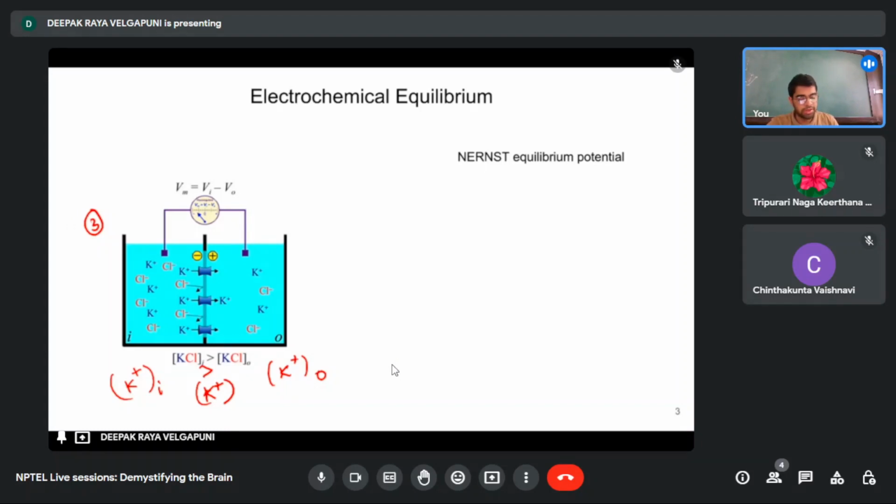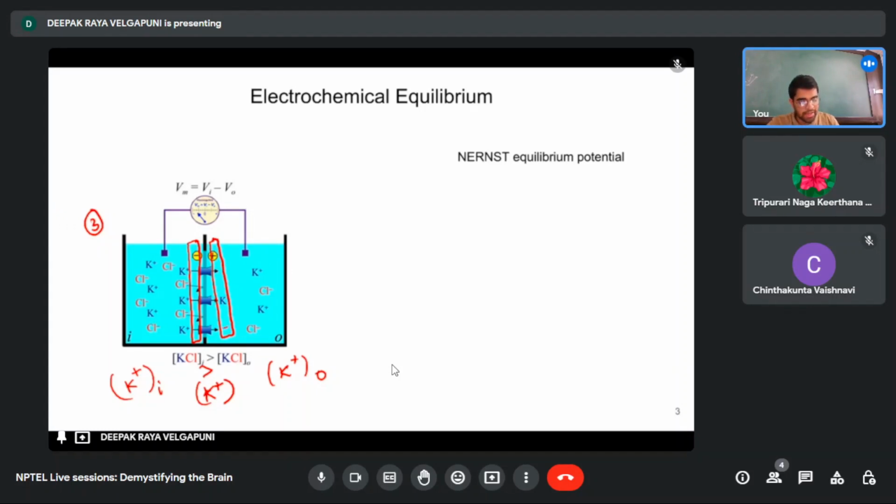This concentration gradient starts the diffusion process, and K plus ions move to the other compartment. As they do, this side is losing positive charge and the other side is gaining positive charge because of K plus diffusion.